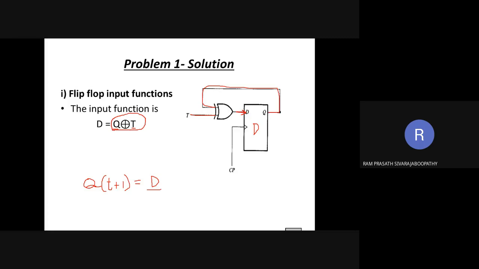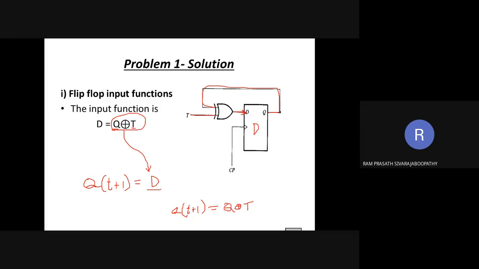Q XOR T. ஸோ இதை கொண்டு வந்து இங்க சப்ஸ்டிட் பண்ண போறோம். சப்ஸ்டிட் பண்ணா என்ன கிடைக்கும்? Q of T plus 1 is equal to Q XOR T. That's all. Is it clear now, Srihari?